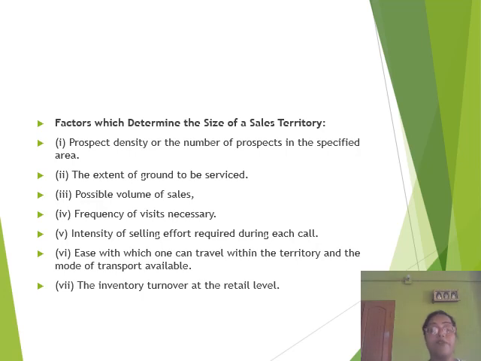How many visits we have to give in the particular sales territory, that is the frequency of visits necessary. What are the different selling efforts that will be required during each call? Ease with which one can travel, the mode of transportation, whether it is available or not in a particular sales territory, and the inventory turnover at the retail level.